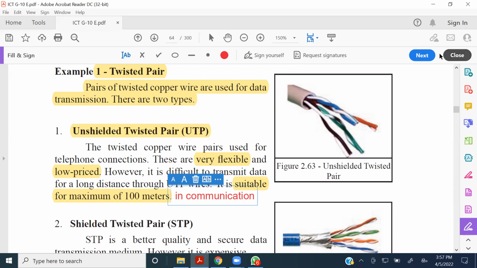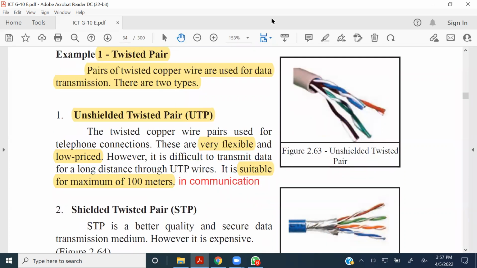Then after that we'll go for the shielded twisted pair.